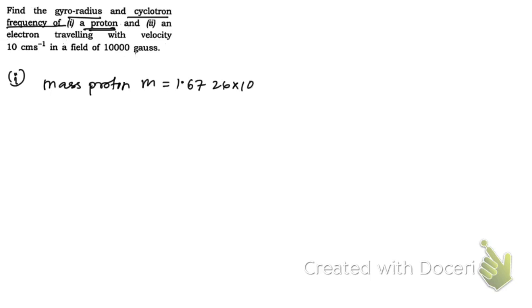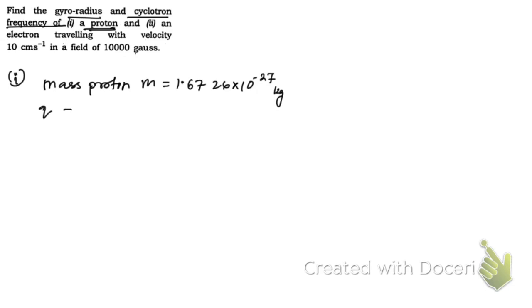In this question, let's find the gyro radius and the cyclotron frequency of a proton. First, the mass of proton m is given by 1.6726 into 10 to the power minus 27 kg.